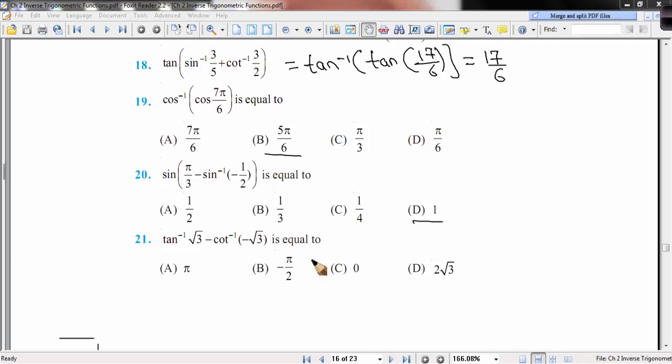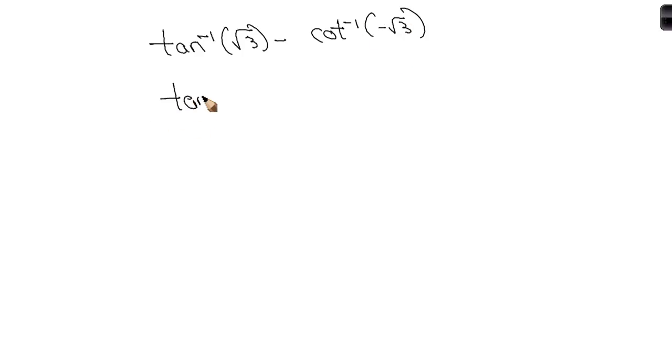Next is tan inverse of root 3 minus cot inverse of minus root 3. So this can be written as tan inverse of root 3 minus cot inverse of minus x, which can be written as pi minus cot inverse of x according to our formulas.